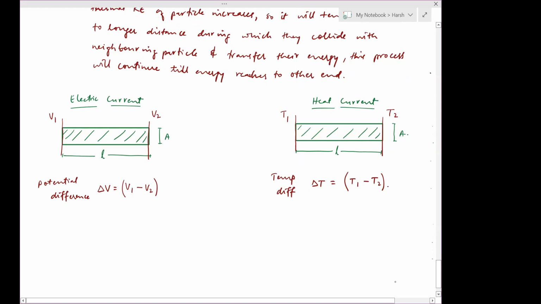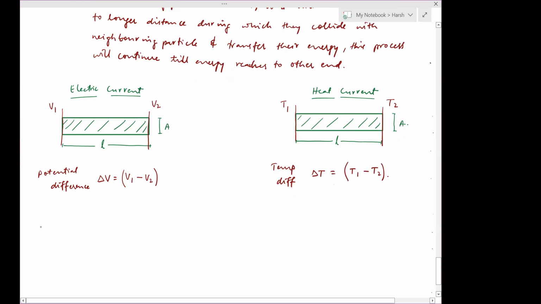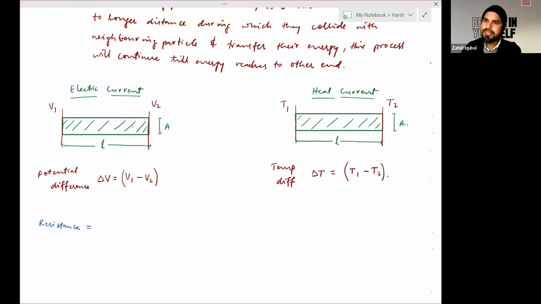Next, there will be some opposition to the flow of electric current through any particular conductor. That opposition is called resistance. So let me define it first. Resistance offered by any conductor, you must have learned about it in class 10th as well. Various factors on which the resistance of a conductor may depend are area, length, temperature.